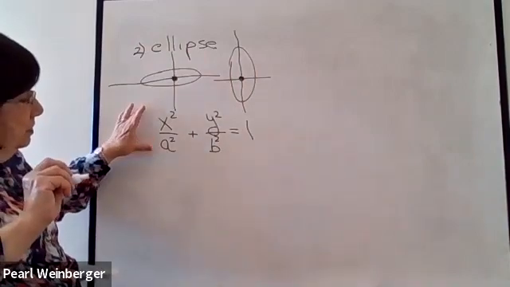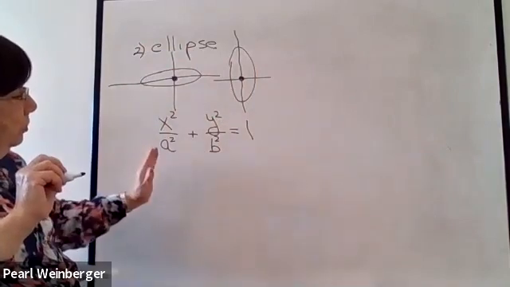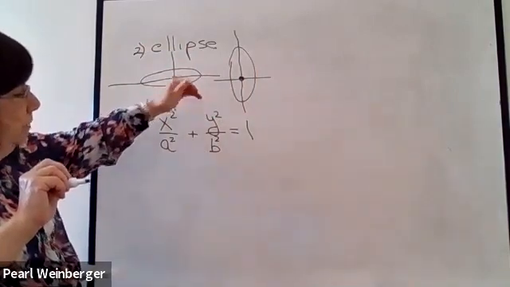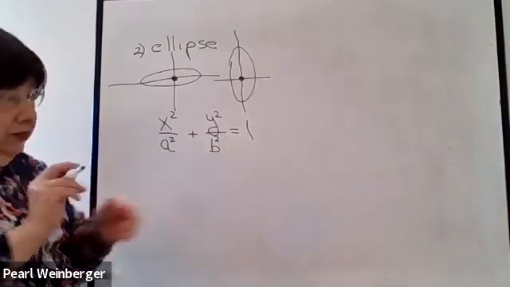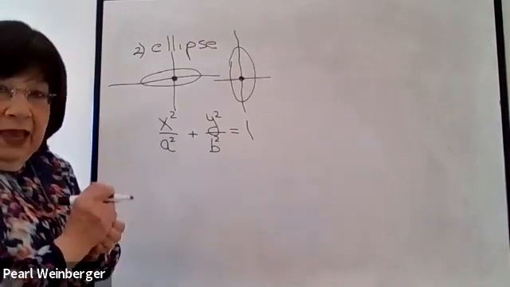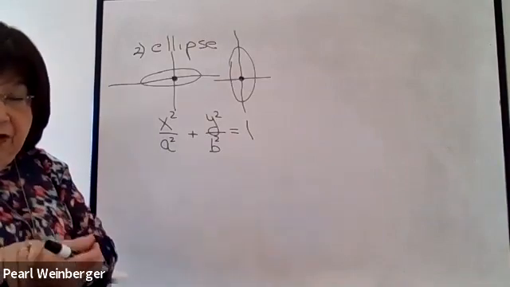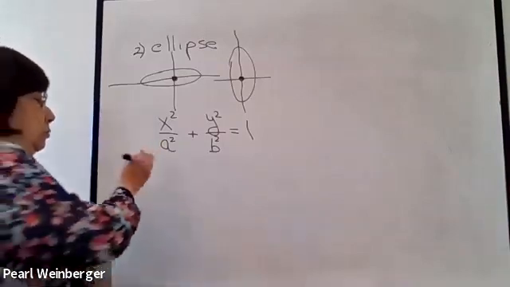As I said, this is the standard format. Notice it's going to be x squared over a squared plus y squared over b squared equals 1. It always has to equal 1 on this side. And obviously the a and the b have very strong significance. Let's do an example.